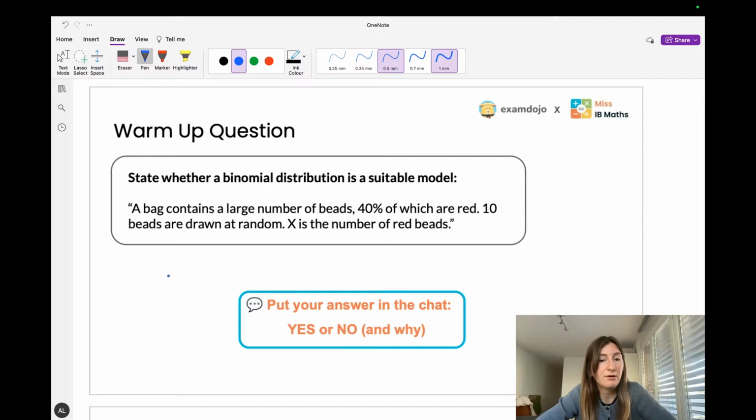Answer yes or no in the chat, and if no, can you give a reason why? If you're not sure, we're going to go over what the criteria are for it to follow a binomial distribution. But if you have any ideas, let me know.